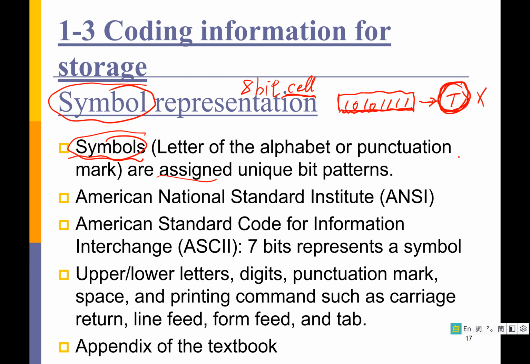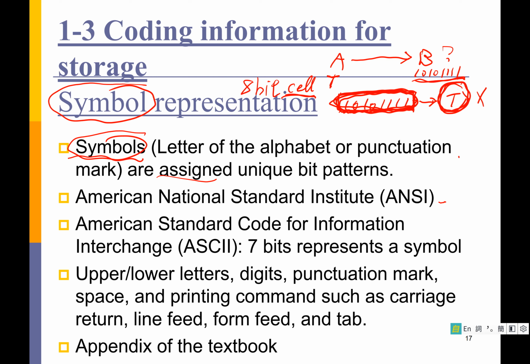Okay? What the network system will send is this bit pattern. So there's an A computer, and then there's a B computer, and A sends a bit pattern like this. In A, this bit pattern represents capital T. What it sent is this bit pattern to B, and what B gets is 10101111.